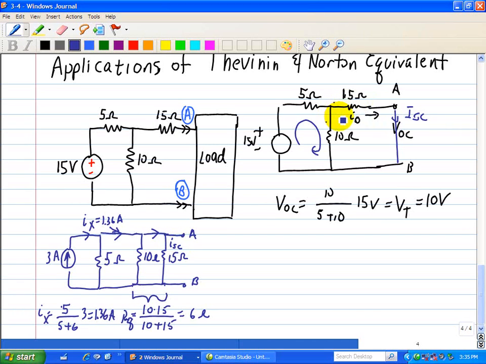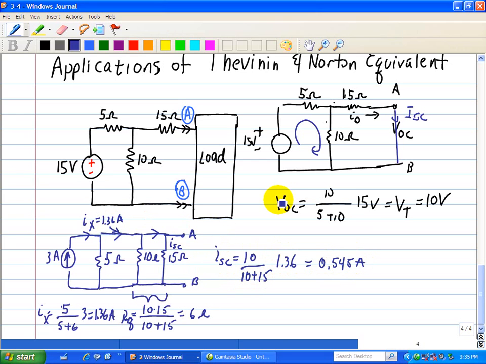Then we can see what the current is flowing through the 15 ohms, since that's our short circuit current, based on this drawing here when we place the short. So using current divider again, the short circuit current is simply the opposite resistor, 10, over the sum of those, 10 plus 15, multiplied by our source current of 1.36, which gives us a current of 0.545 amps.